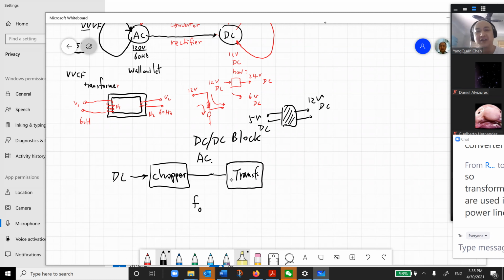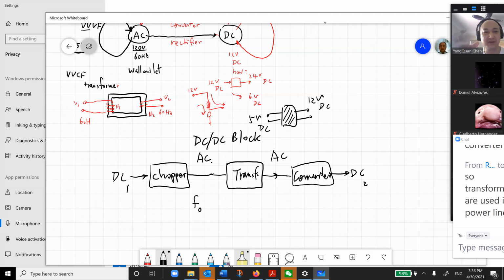Okay, so then you get another DC, right? Then with this other DC here, you do a converter. Then you get a DC. DC1, DC2. Okay, so that's what's needed.